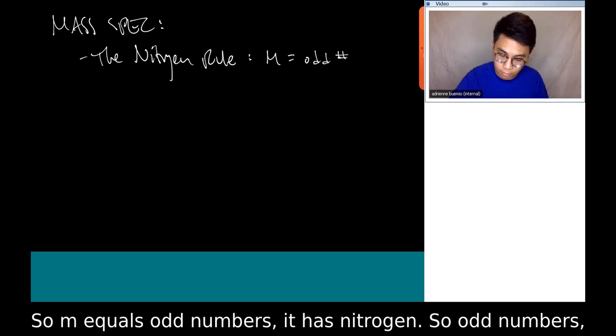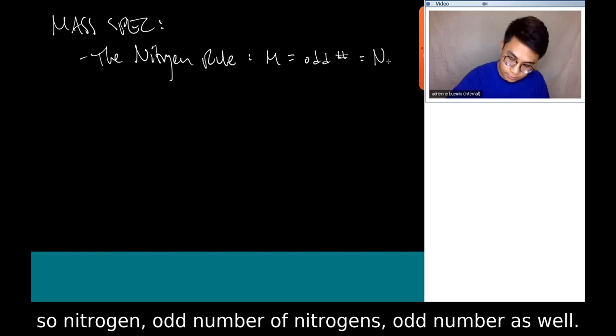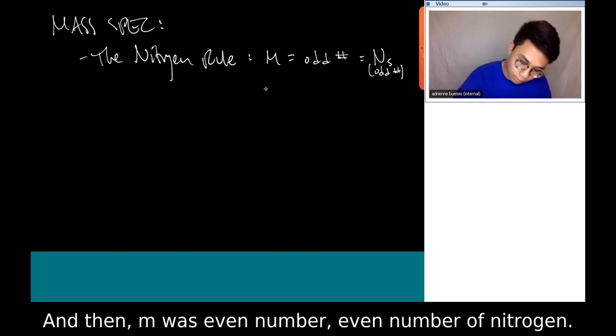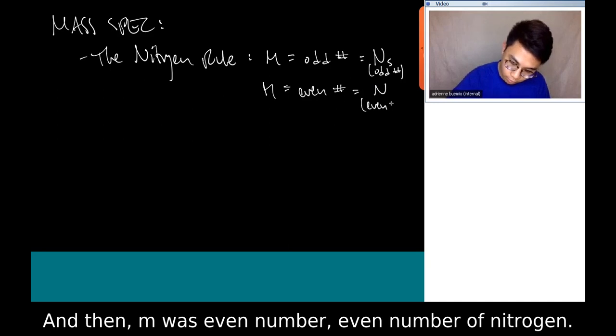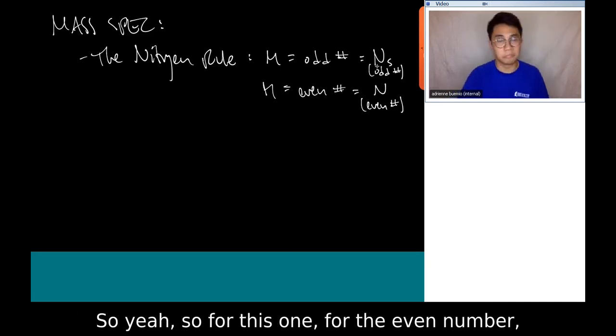So odd number of nitrogens, odd number M as well. And then even M, even number of nitrogens. So yeah.